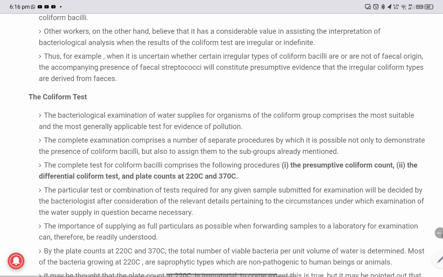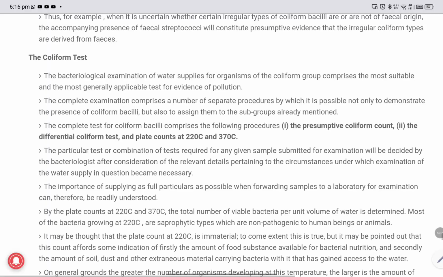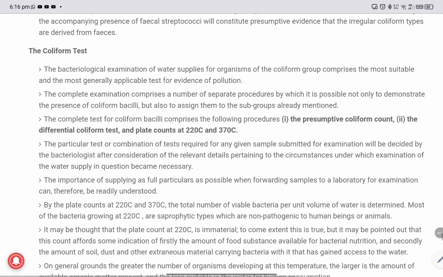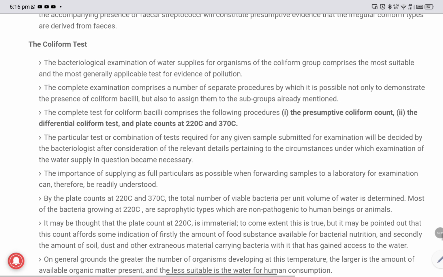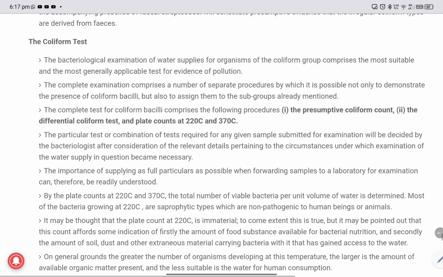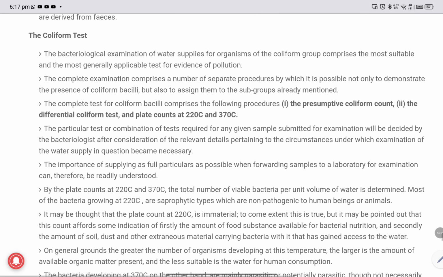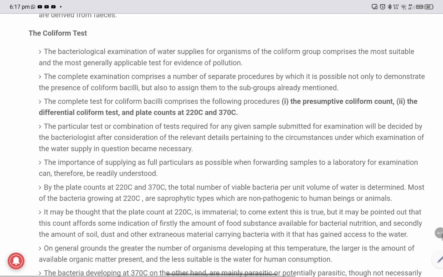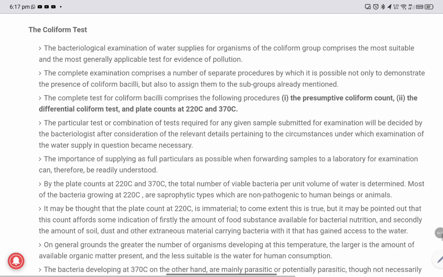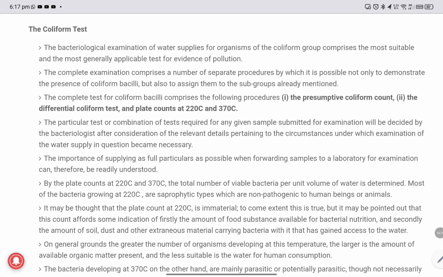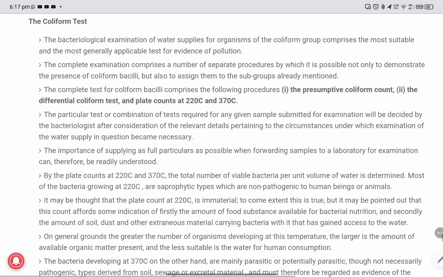The coliform test. The bacteriological examination of water supplies for organisms of the coliform group comprises the most suitable and the most generally applicable test for evidence of pollution. The complete examination comprises a number of separate procedures by which it is possible not only to demonstrate the presence of coliform bacilli but also to assign them to the subgroups already mentioned.